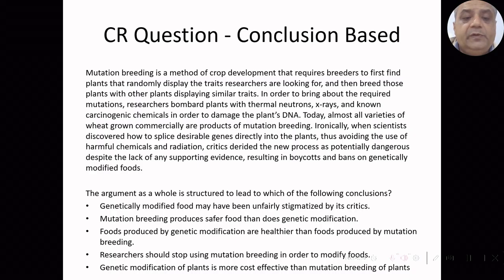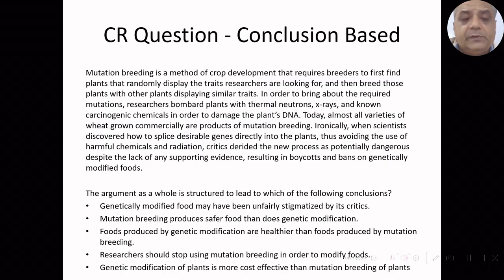The next option says foods produced by genetic modification are healthier than foods produced by mutation breeding. Common sense wise, this seems to be true, but again, in the stimulus, there is no direct indication of the author stating which food is healthier and which food is not. He has merely stated that one type of food is banned and the other type of food is not.